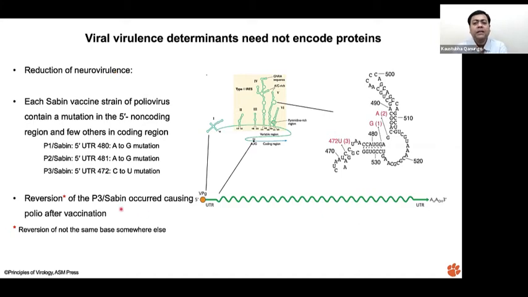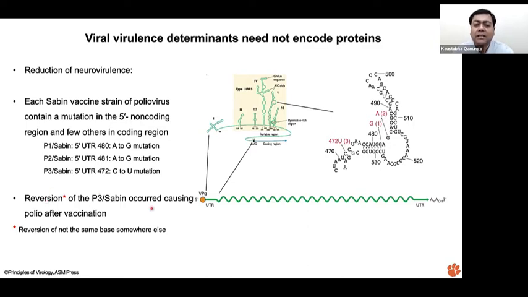But there was something that actually happened, and that is very interesting. There was a reversion of the P3 Sabin, and that happened a long time ago, when some of the children were inoculated by the vaccine and they developed polio, very unfortunately. When scientists analyzed the sequence of the Sabin vaccine, they found that some reversion had occurred.